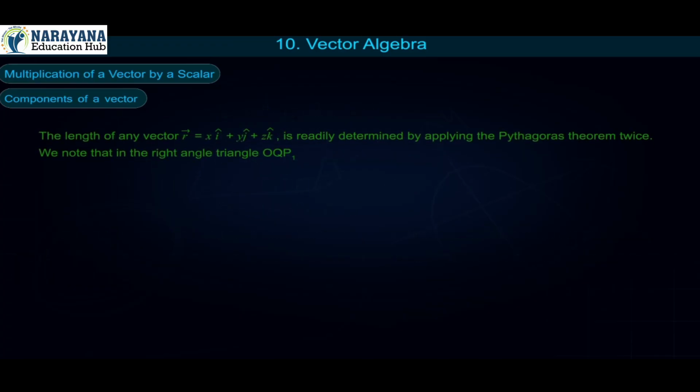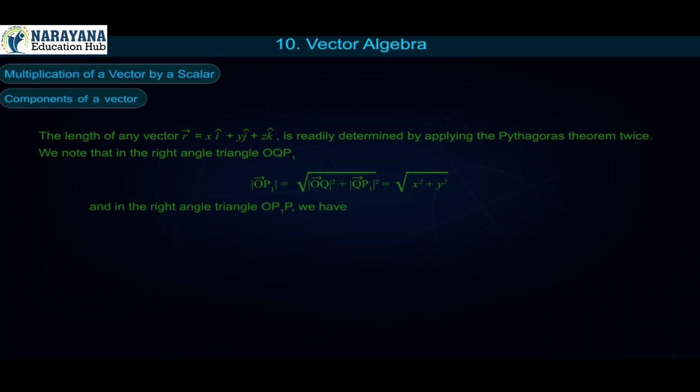The length of any vector, vector R is equal to xi cap plus yj cap plus zk cap, is readily determined by applying the Pythagoras theorem twice. We note that in the right angle triangle OQP1, modulus of vector OP1 is equal to square root of modulus of vector OQ whole square plus modulus of vector QP1 whole square, which is equal to square root of x square plus y square.